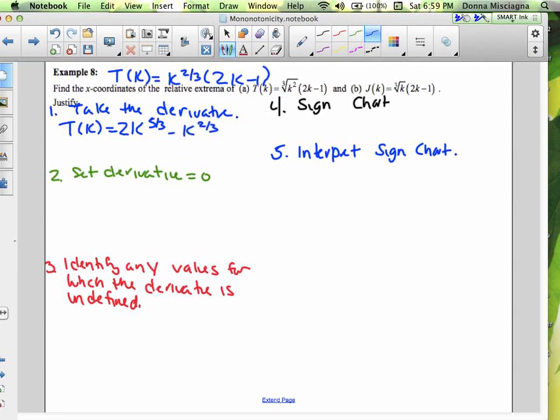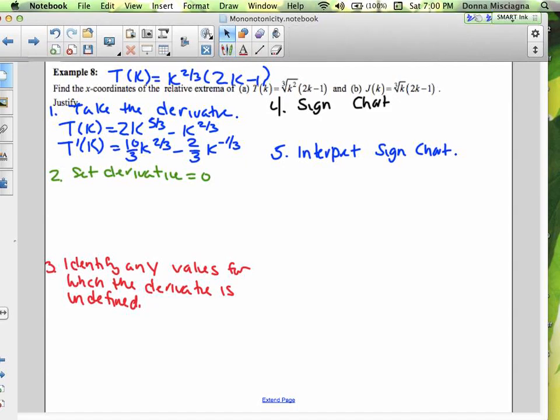It's a lot faster than doing the product rule. So t prime of k equals 10/3 k to the 2/3 power, minus 2/3 k to the negative 1/3 power. Let's simplify that, and then we'll set our derivative equal to 0.